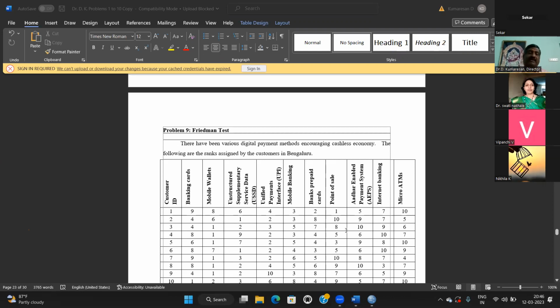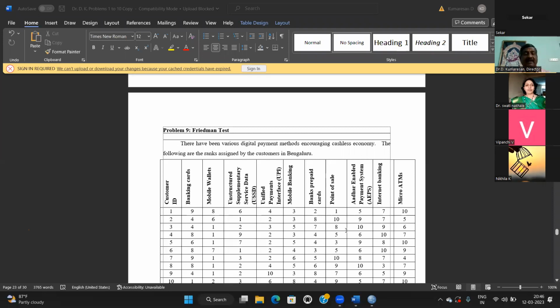Another pair is also there. That is, we are comparing the paired samples T test and Wilcoxon test. There is a similarity. One sample, two data. One sample and two data. What is the difference?